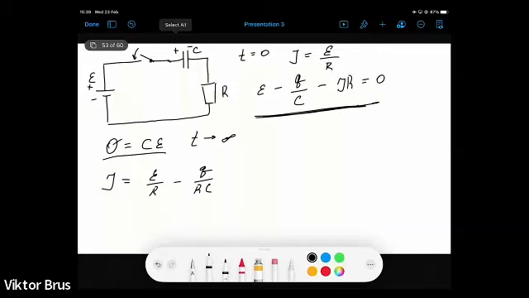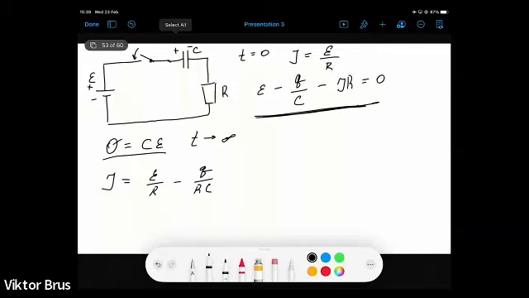It just gives us the magnitude of electric current at a moment of time when this capacitor has accumulated electric charge Q, but we don't know how it changes with time.